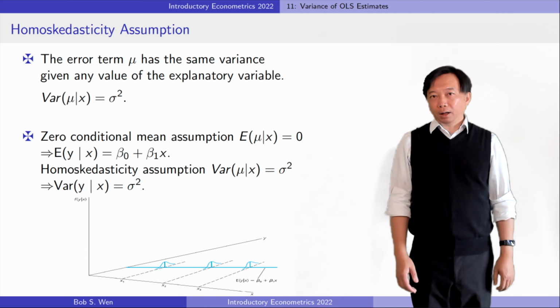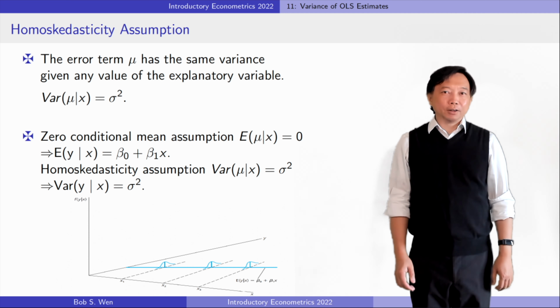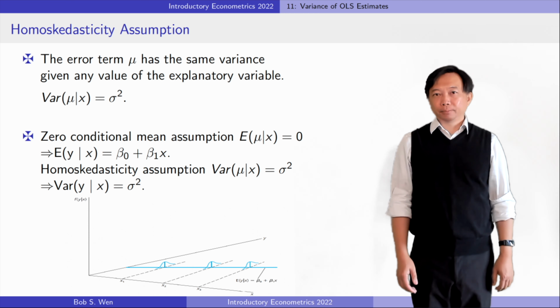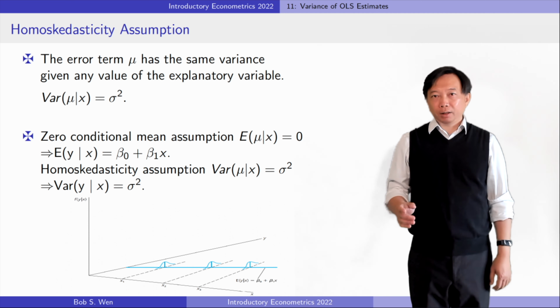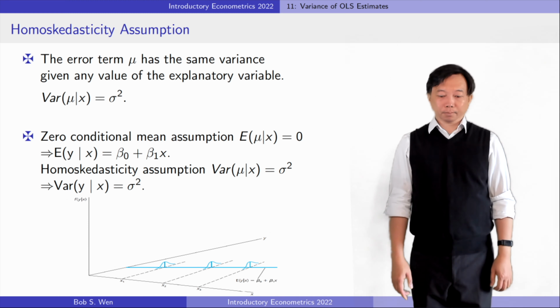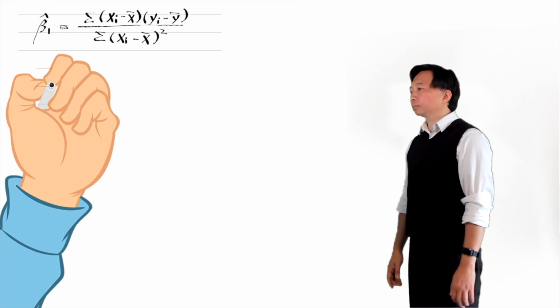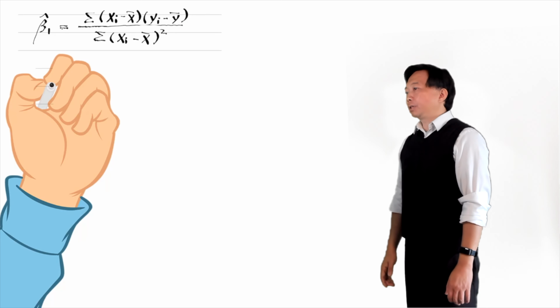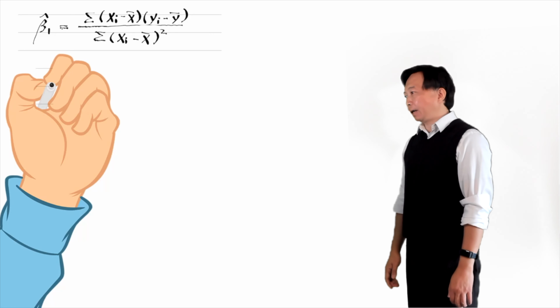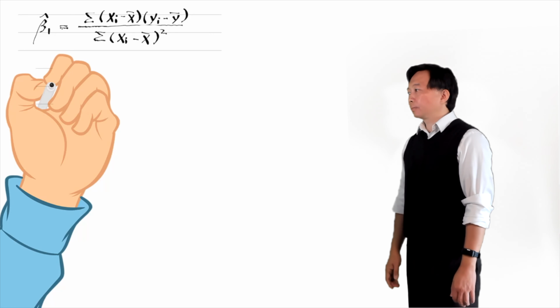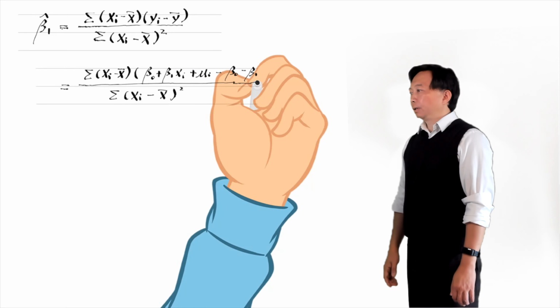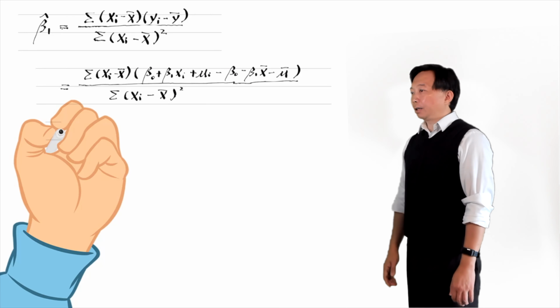Let's derive the variance of the OLS slope estimator. We start with the slope estimator's formula. It equals the sample covariance of x and y divided by the sample variance of x. We use the same method we have used many times.